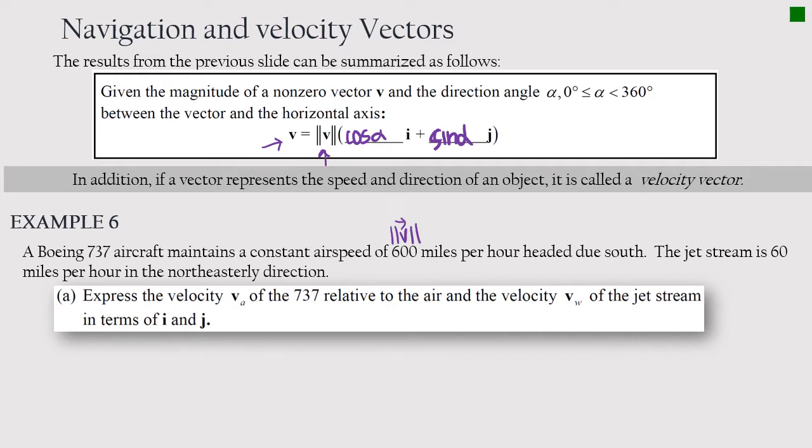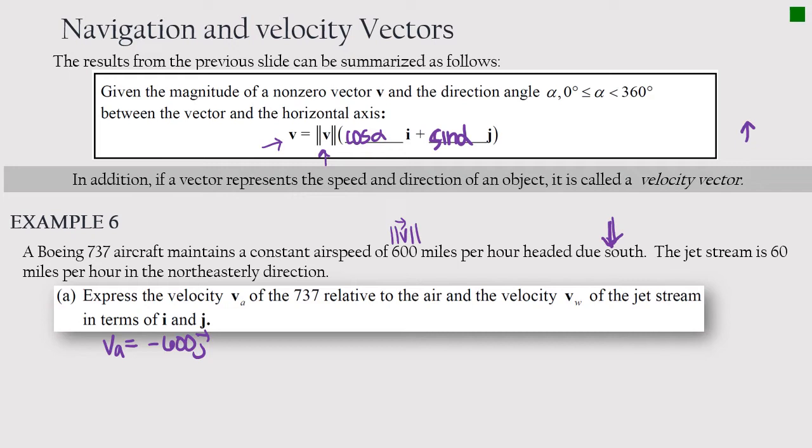So we know that the velocity vector for the 737 is going to be, since it's heading south, negative 600j. Going south, remember j is the unit vector going up 1 unit, so going south means going down, and that's why it's a negative 600j.